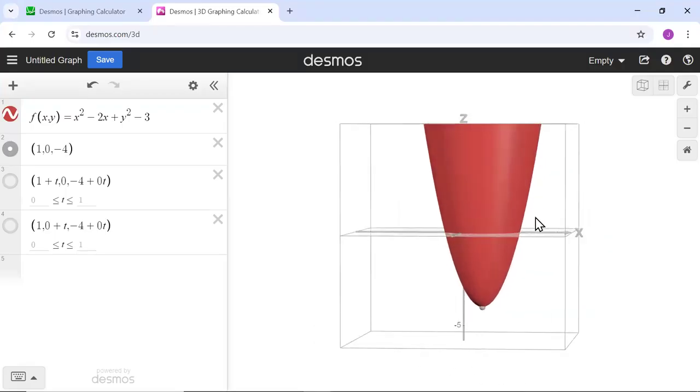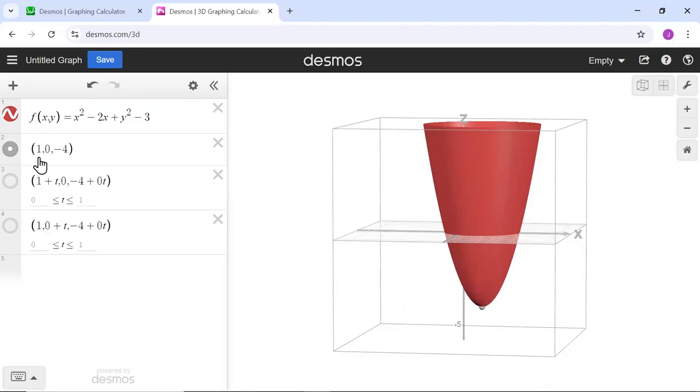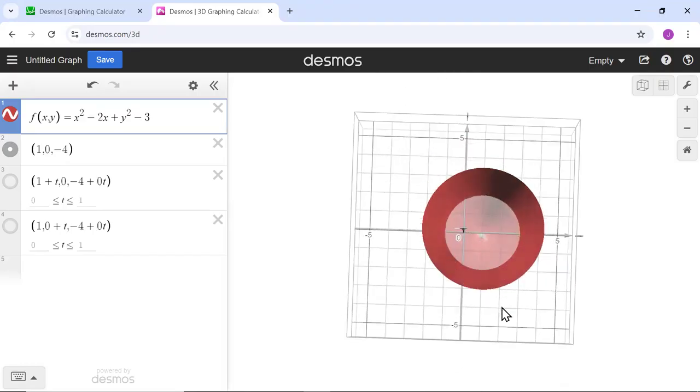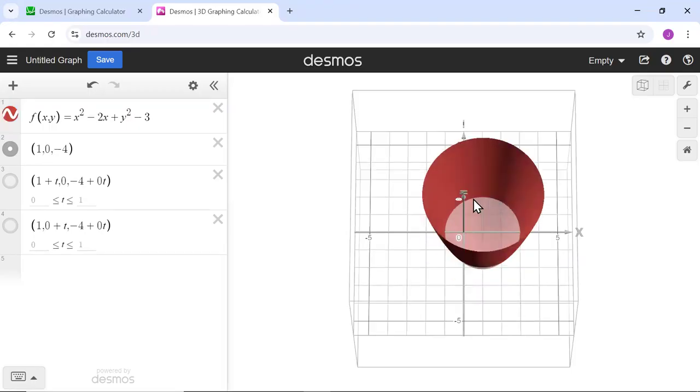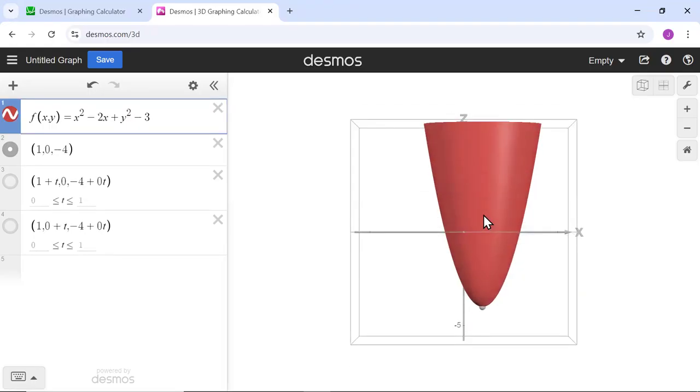When x is 1 and y is 0, z is negative 4. So we're at this point here, the point 1, 0, negative 4. If you look straight down, 1 in the x direction, 0 in the y direction, and then if you look from the side, you can see it's negative 4 in the z direction. So that's at the very bottom of this paraboloid.